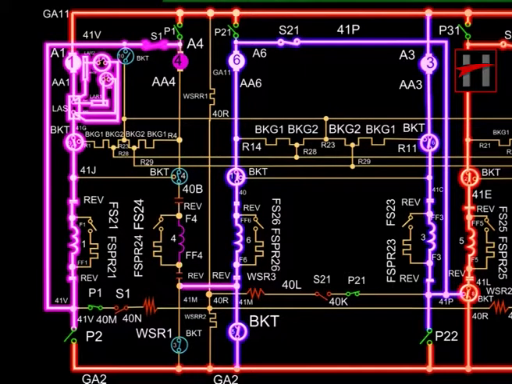The current flows through series power contactor S1 via cable number 41V and energizes traction motor 4 via cable A4. The field of traction motor 4 is energized via cable AA4, BKT contact 4 in the motoring mode, cable number 40B and the reverser contact.